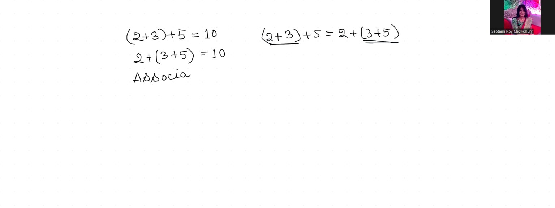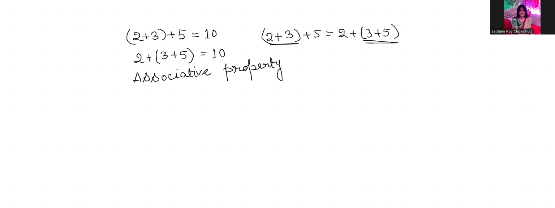So, can we write this down? This changing the position of the bracket has a specific name. This is called the associative property.